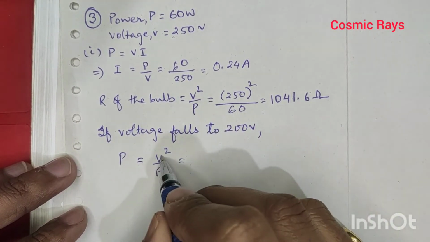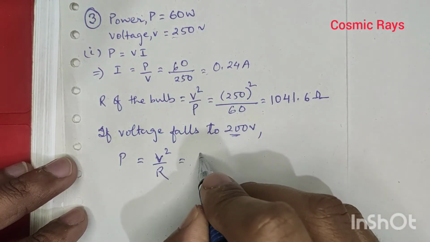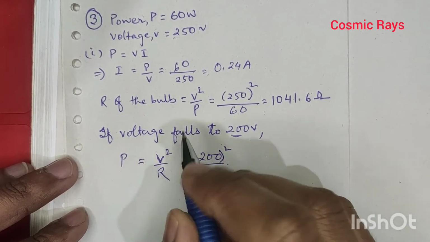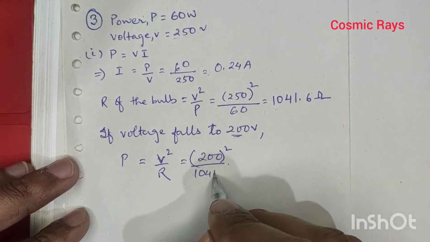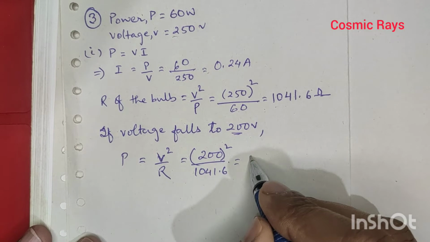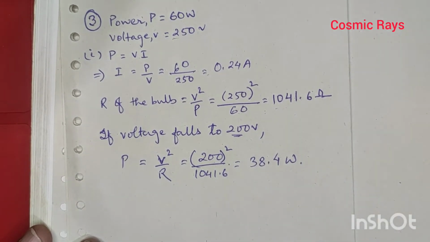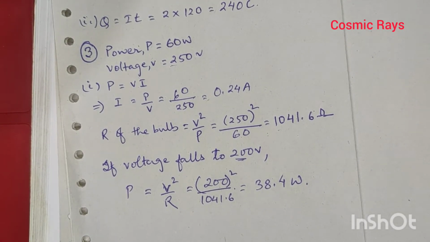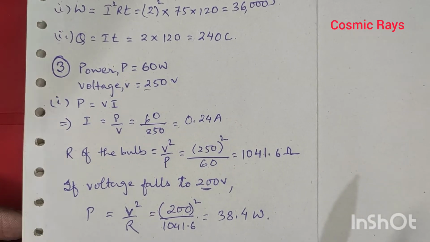Now the new voltage is 200 volt, it's not 250 anymore. So 200, square it please, divided by the resistance that we have calculated, 1041.6 ohms. Then this will come to 38.4 watt. This is how the power will be consumed, or this is the new power that will be required.